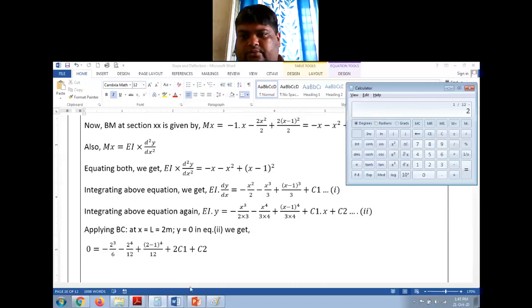2 raised to 4 by 12 minus 2 cube is 8 by 6. So it is minus 2.583, right?